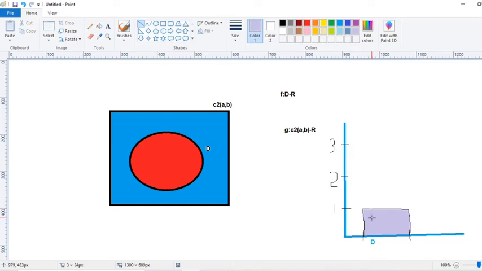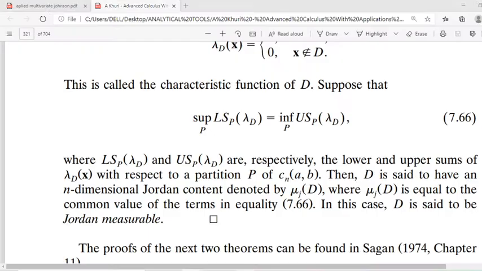In this case the lower sum is the same as the upper sum. So whatever partition we take, the lower sum equals the upper sum, and the infimum of the upper sum is the same as the supremum of the lower sum.